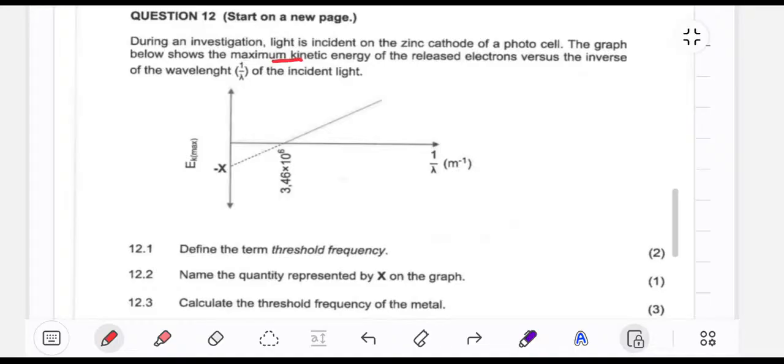So we have maximum kinetic energy versus inverse wavelength, 3 marks. Now name the quantity represented by x on the graph.